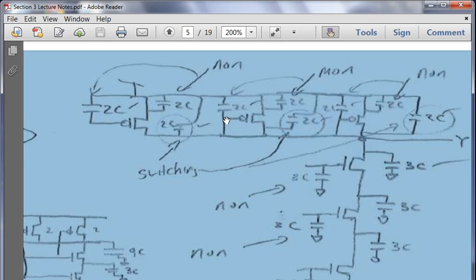Another way of drawing it is people will actually draw a capacitor like that. Sorry, it's just confusing. And I messed up. One of its plates is directly tied to the output?